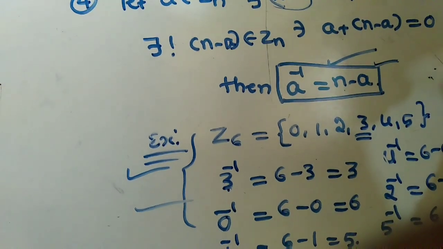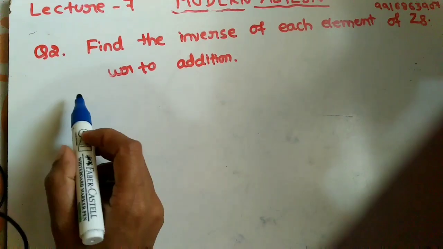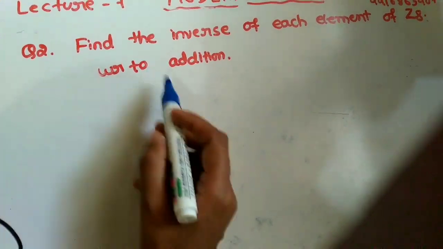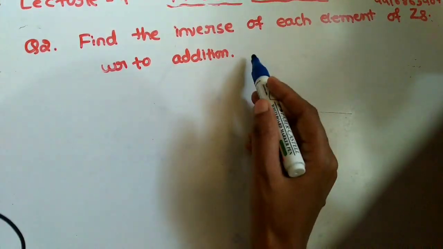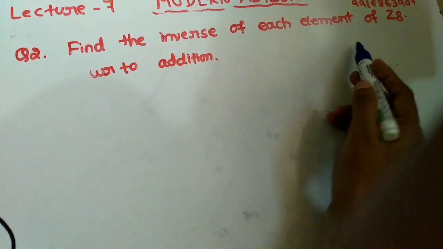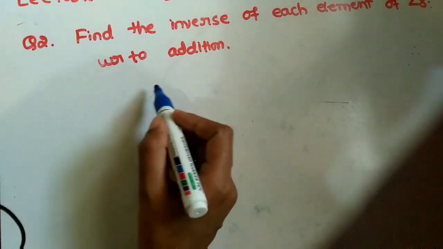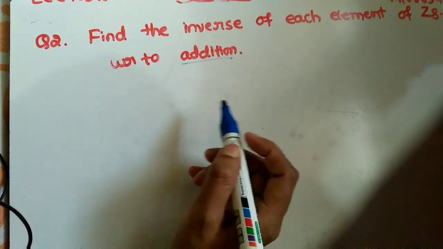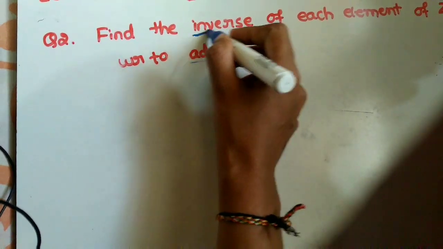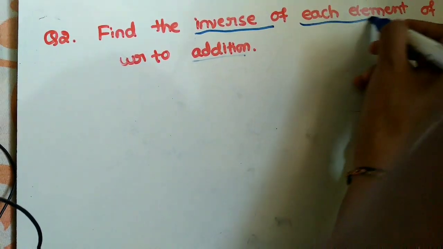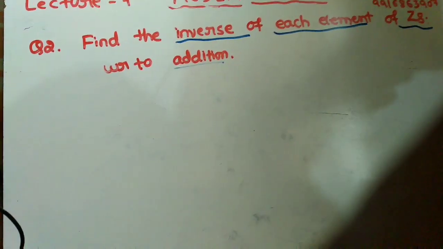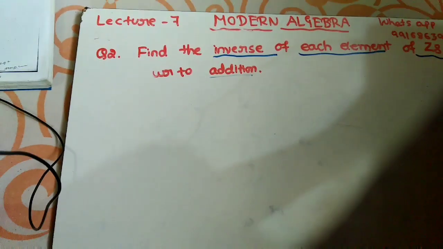Okay, let us move on to another example. My second question in this video: find the inverse of each element of Z8 with respect to the addition operation. So here they are asking for the inverse of each element in Z8. What is Z8?